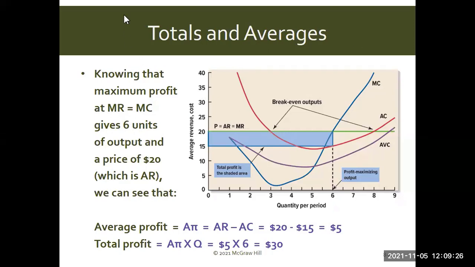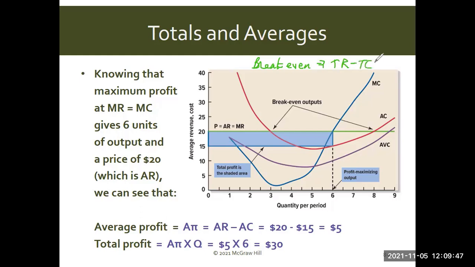Okay, we can find some break-even outputs on this as well. If you think about it, break-even is where we previously determined that the total revenue just equaled the total cost.